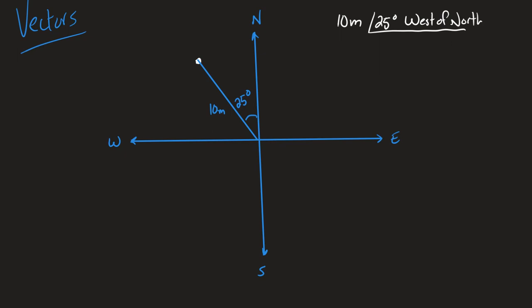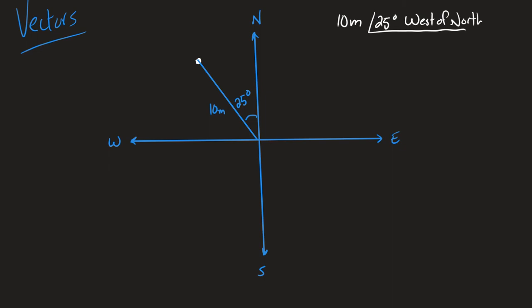But saying 10 meters and 25 degrees west of north is very clear. We assume that our origin is located somewhere in space. But to provide you with an angle requires first that we tell you where 0 degrees is. We need to give you a point of reference.